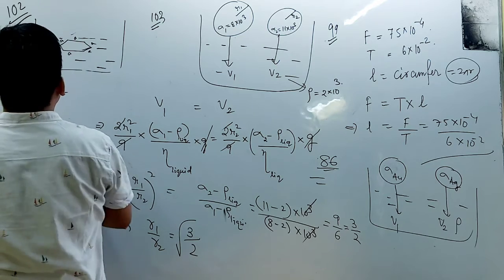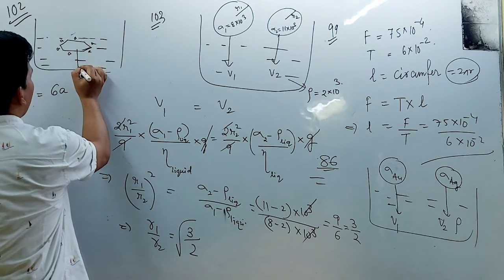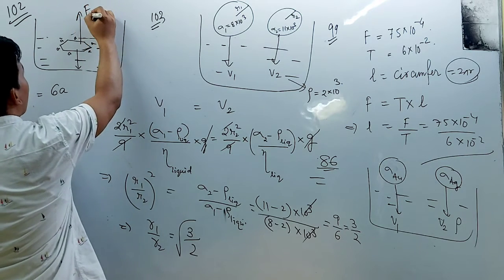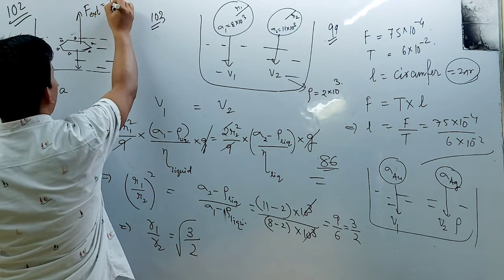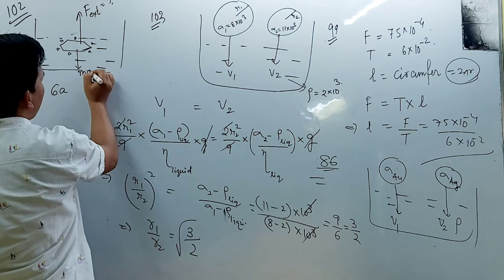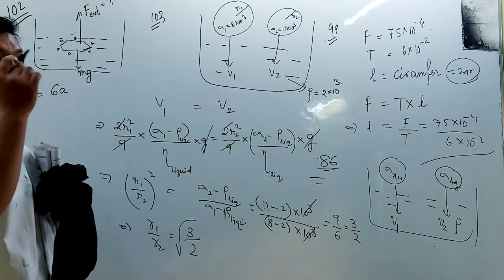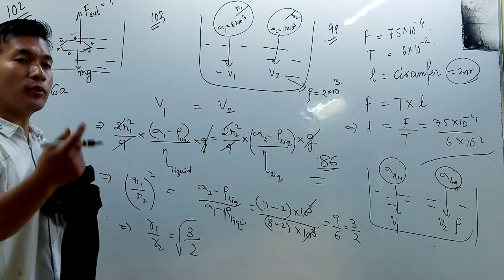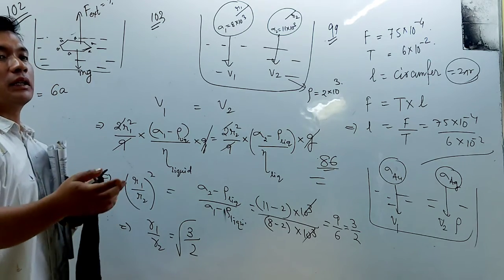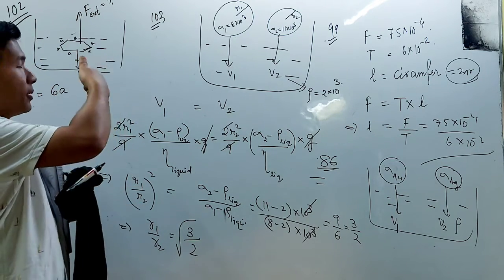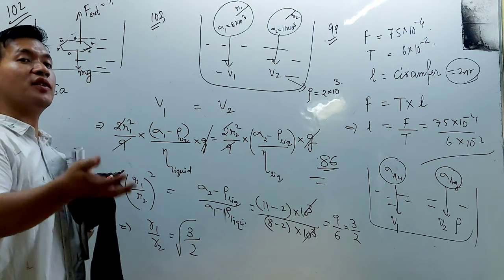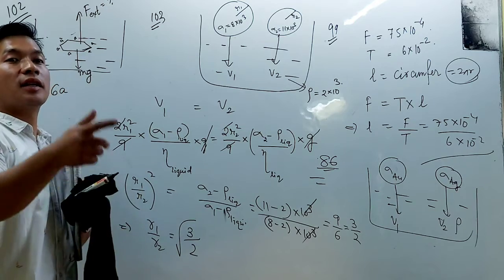This is the external force that is required. Next, what is this? mg, the mass of the metallic frame. The metallic frame will possess its own weight, and we have to overcome both the weight of the frame as well as the resistive force produced by surface tension.